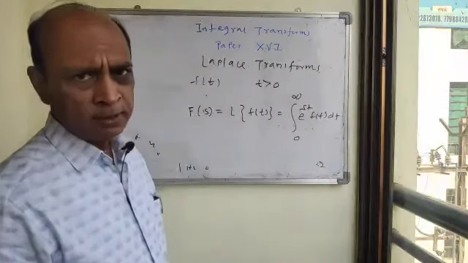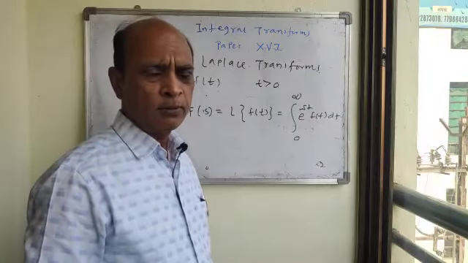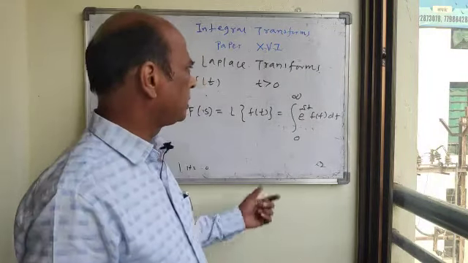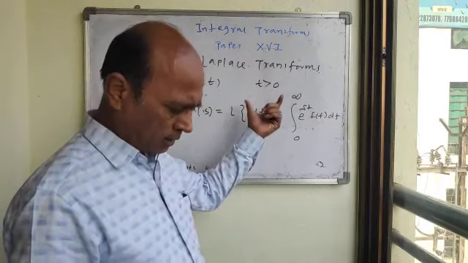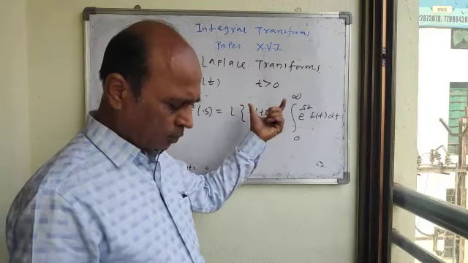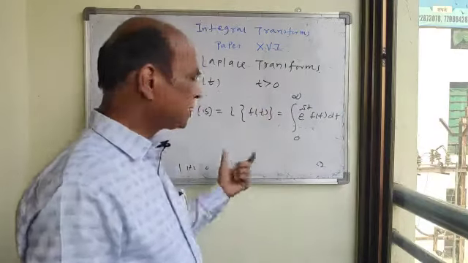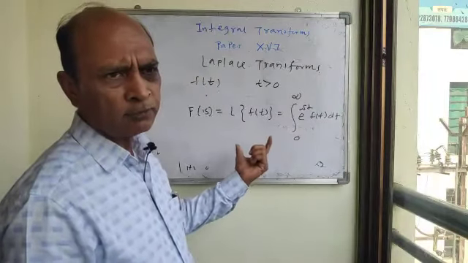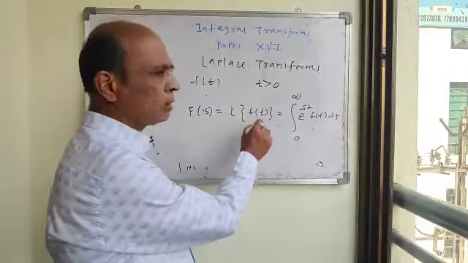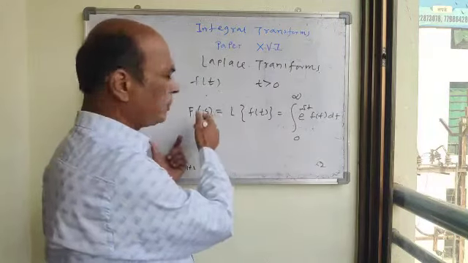It means if we are given a function f of t, defined for positive values of t, then its Laplace transform is denoted by L of f of t, or capital F of s.